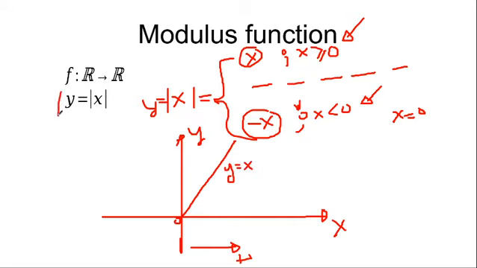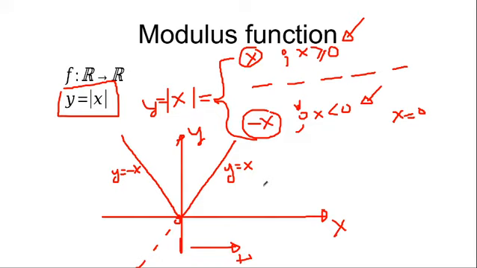So what happens in the negative region of x? In the negative region of x, y behaves as y equals minus x. How do you sketch it? This is how we sketch it. You are already familiar with sketching a straight line in the Cartesian plane, so I'm not going to go into details on that.